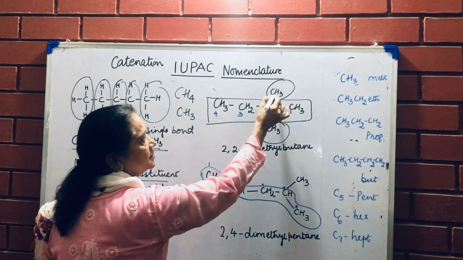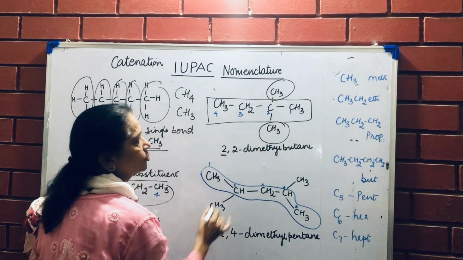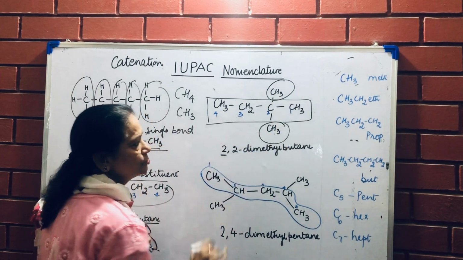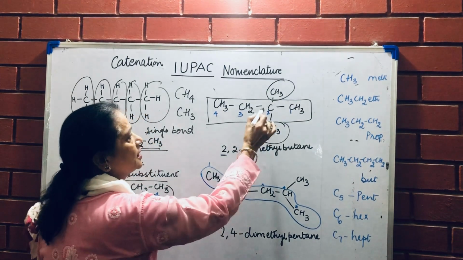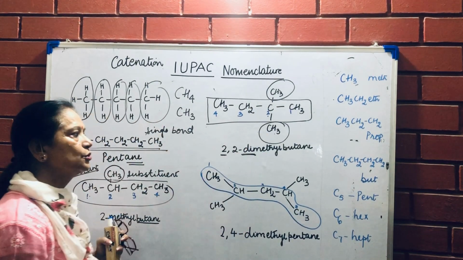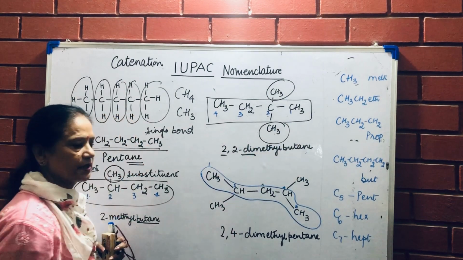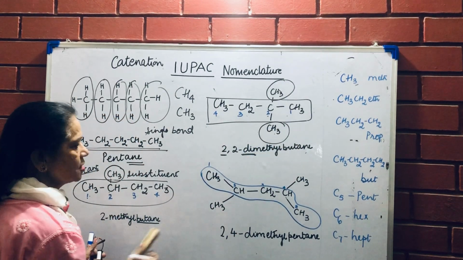So I'll first give the address of this place 2, 1 methyl group, another at place 2, methyl group. So instead of writing 2-methyl, we write dimethyl. So 2,2-dimethyl, and there are 4 carbon atoms, so it becomes butane.